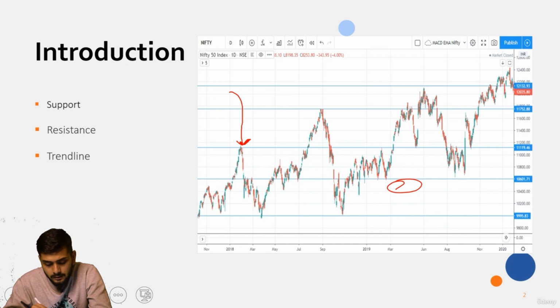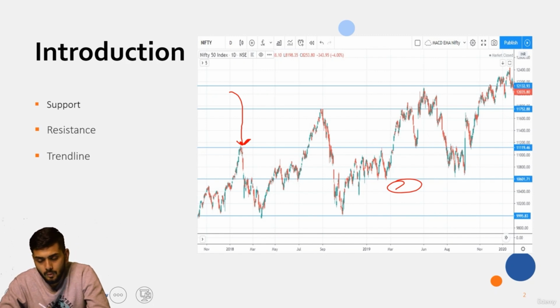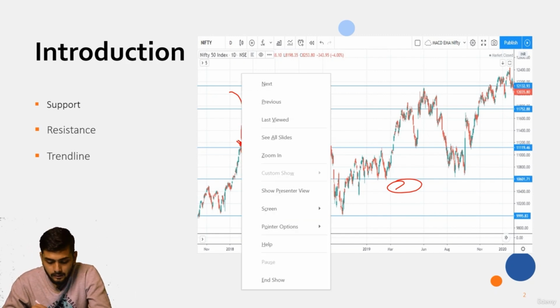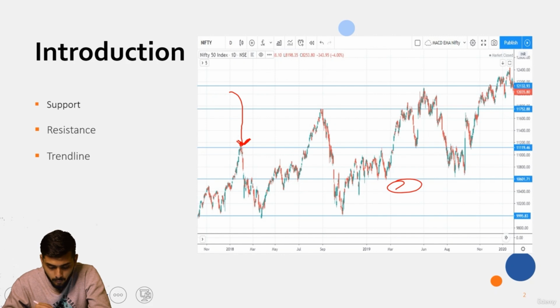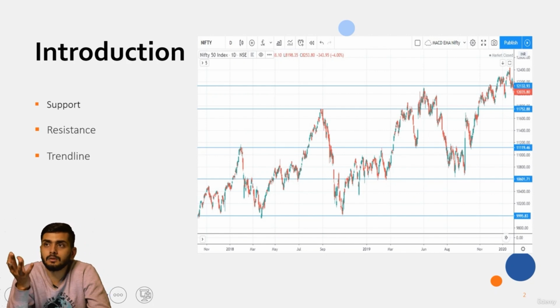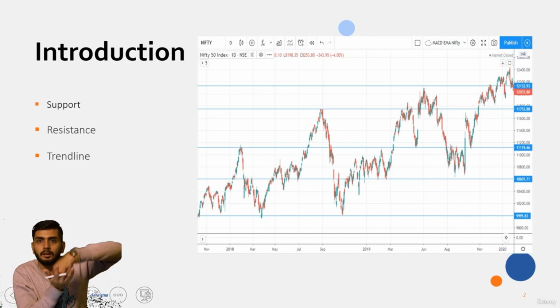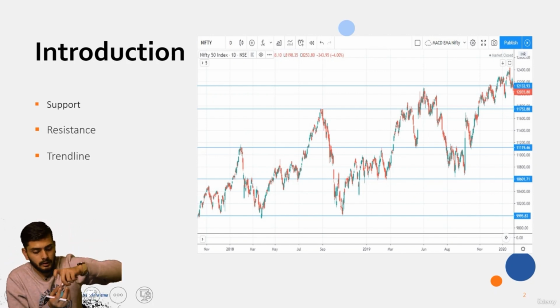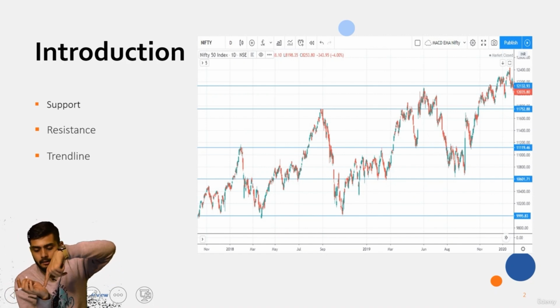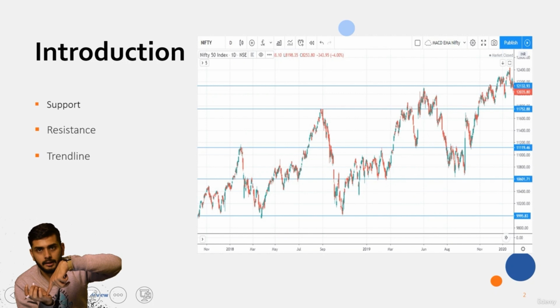Support is a point, a price where the market has some force that it cannot go below. If I am walking, my leg is taking support from the ground, correct?